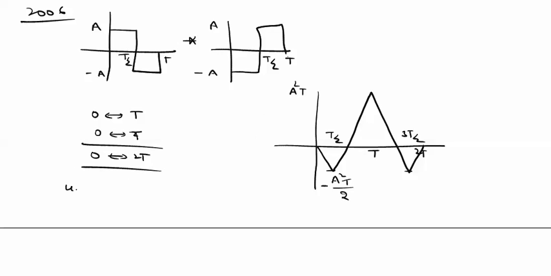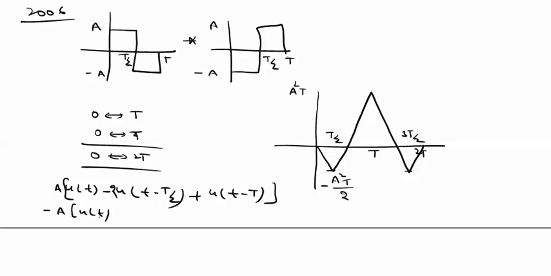If I write down the mathematical expression for both, u(t) minus 2 u(t minus T by 2) plus u(t minus capital T), this expression is convolved with minus A u(t) plus 2 u(t minus T by 2) minus u(t minus capital T).